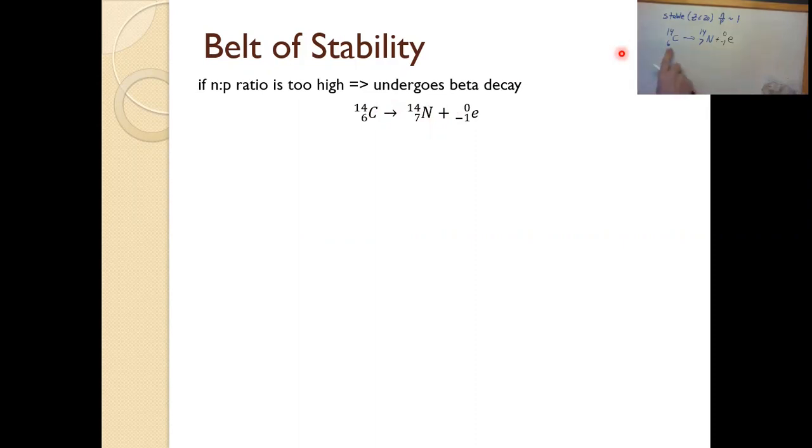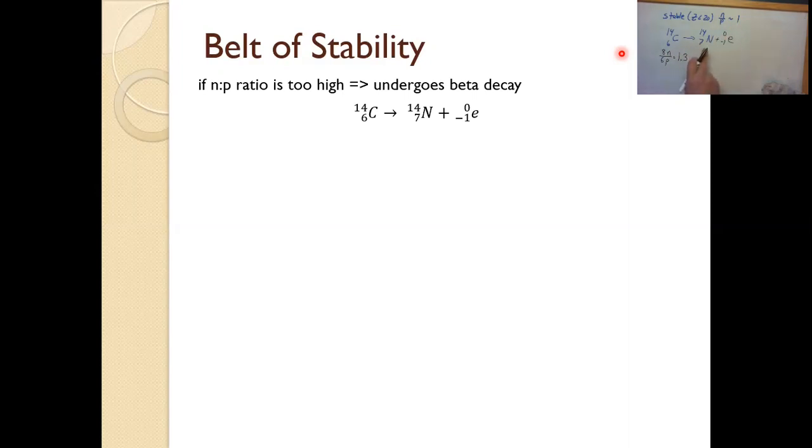These are light elements. The atomic number is less than 20, so we expect a stable neutron-proton ratio to be about 1. Carbon-14 has 14 minus 6, so 8 neutrons, and it has 6 protons, for a neutron-proton ratio of about 1.3, which is a lot higher than we expect it to be for a stable isotope.